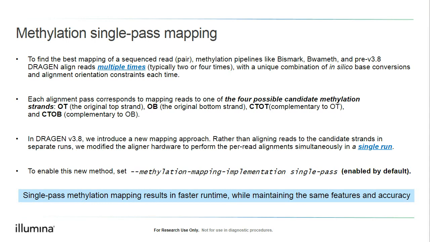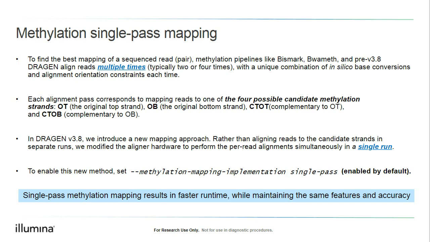But the traditional way to do alignments with these tools is that, depending on the protocol that you are using for methylation, directional or non-directional, there are multiple passes that you have to do through the aligner for each one of those. So it could sometimes be 2 times, sometimes 4 times, depending on your protocol. As a result, you get longer analysis time.